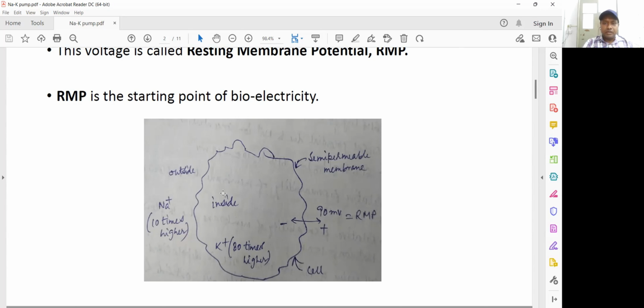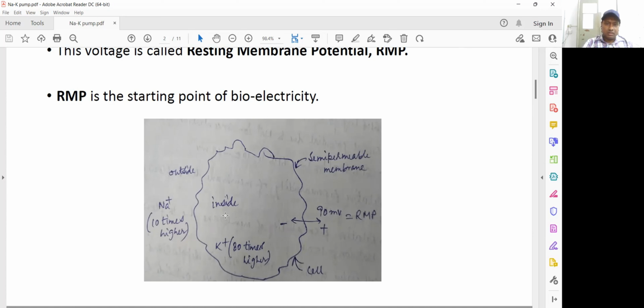And due to this, the potassium ion concentration inside the cell is 30 times higher than outside, and the sodium ion concentration is 10 times higher in the extracellular fluid than inside.